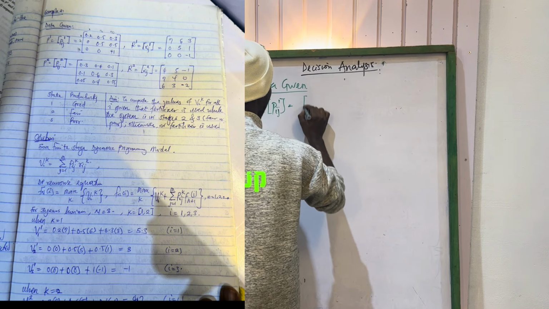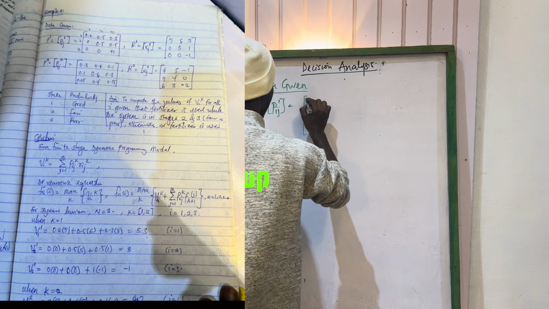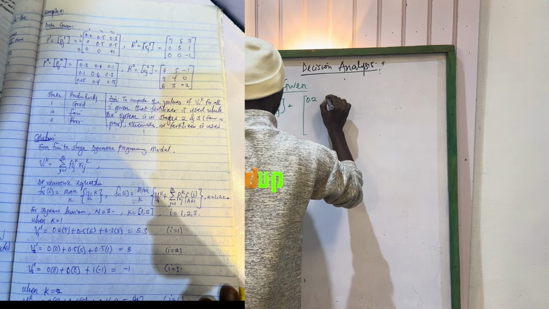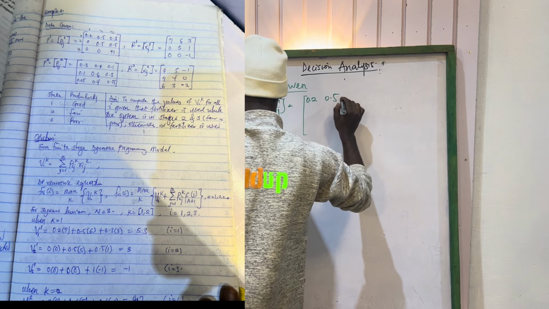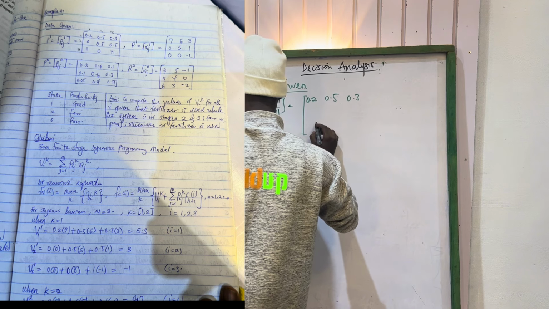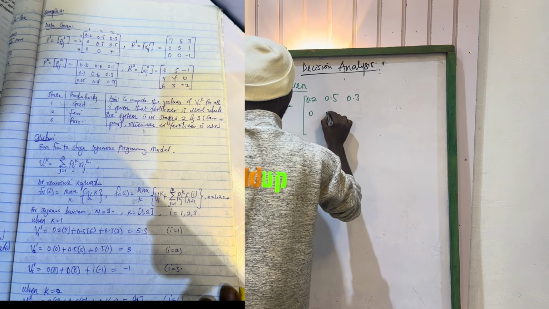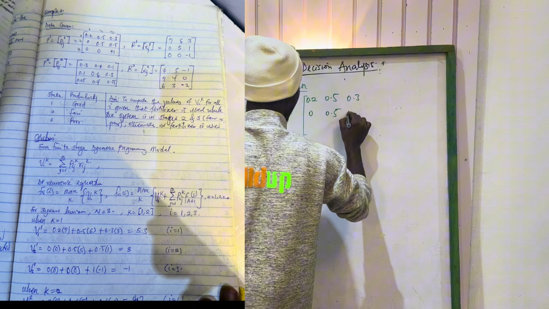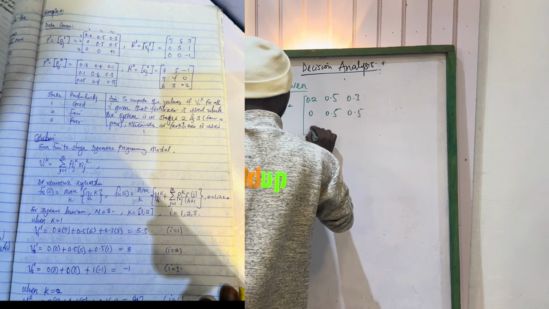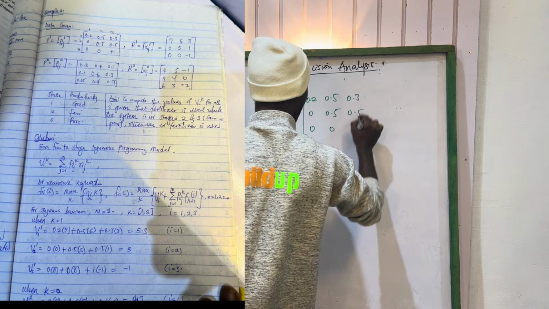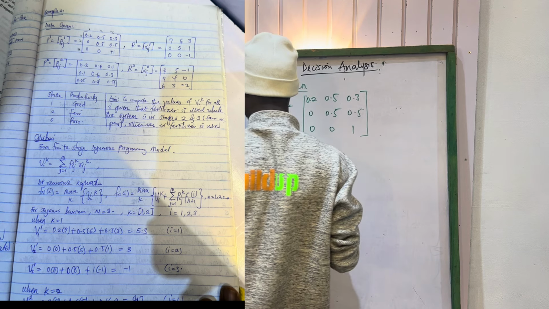The probability is given as a 3 by 3 matrix: 0.2, 0.5, 0.3, then 0, 0.5, 0.5, then 0, 0, 1.